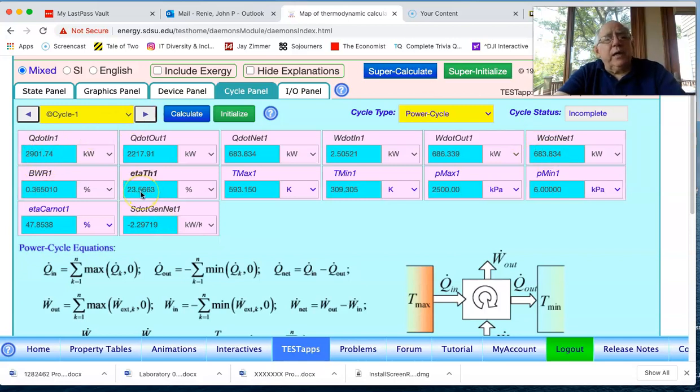And so it's a relatively low number, okay? And it's because we sacrificed a lot of the energy from the turbine, bringing out 0.3 kilograms per second and having it heat the campus.